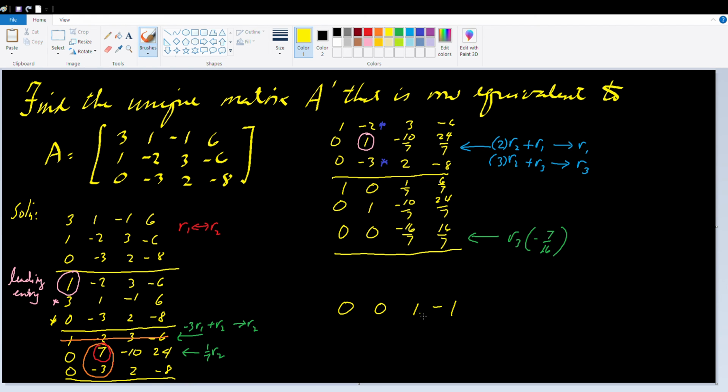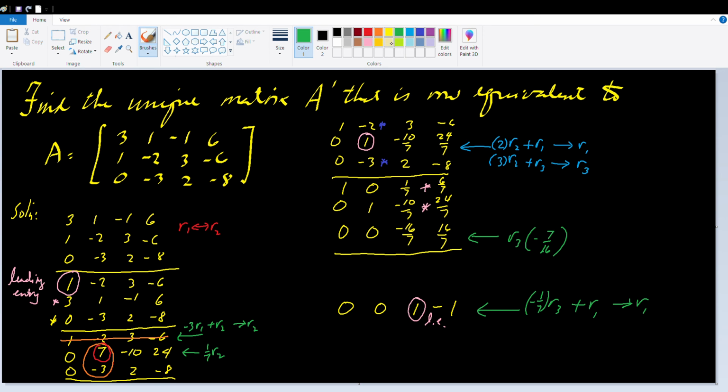Since this is a leading entry, the entries above, 1 over 7 and negative 10 over 7, must turn into a 0. So we multiply row 3 by, let's start with 1 over 7. The additive inverse is negative 1 over 7. Then add it to row 1, returning back to row 1.